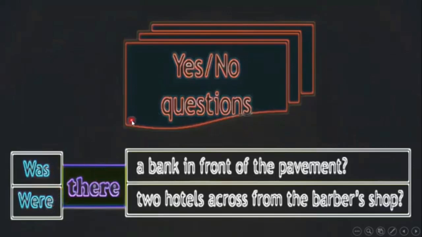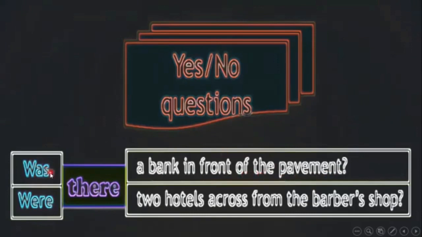Again, to make any statement with there was and there were, we can begin the sentence with there. But here, I make a yes and no question, so we can't begin this question with there. We begin it with was and were. Was there a bank in front of the pavement?